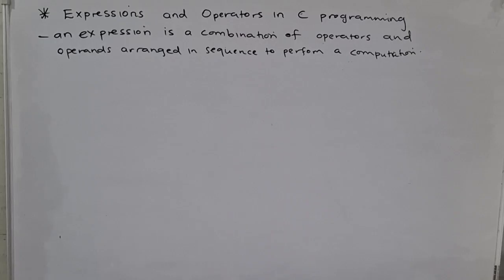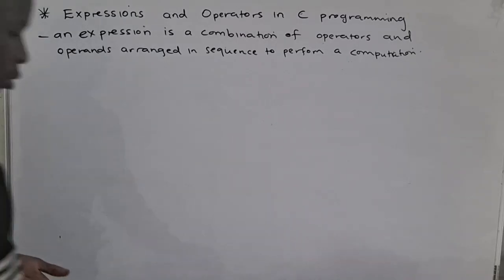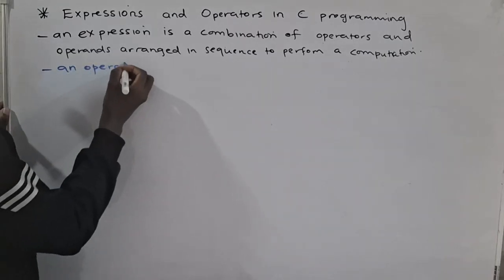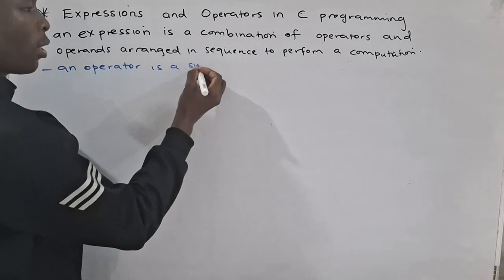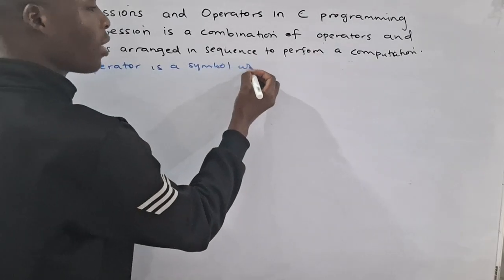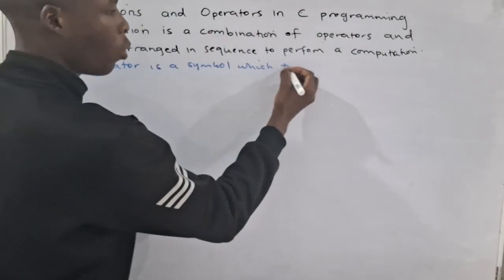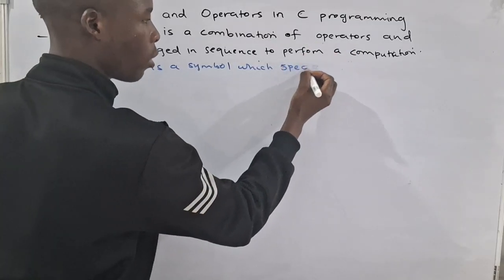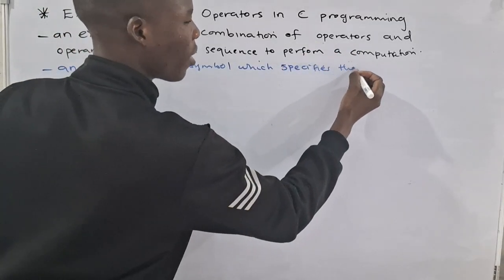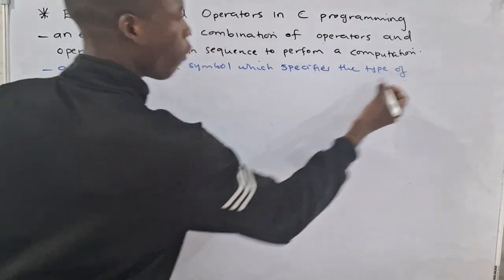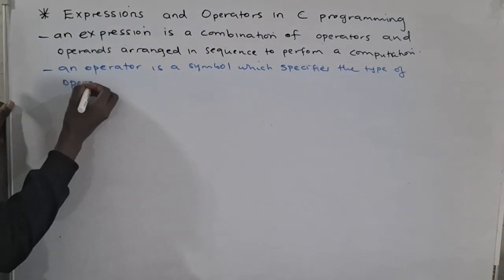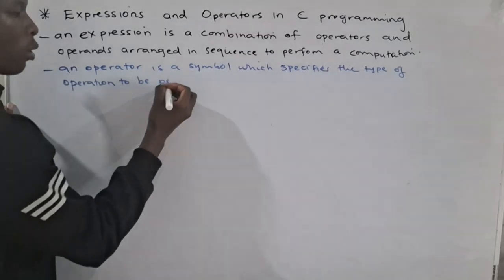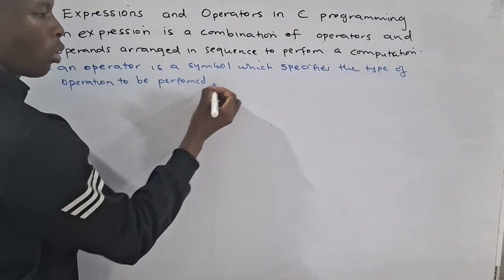Now what is an operator? An operator is a symbol. This is very simple. An operator is a symbol which specifies the type of operation to be performed on what?